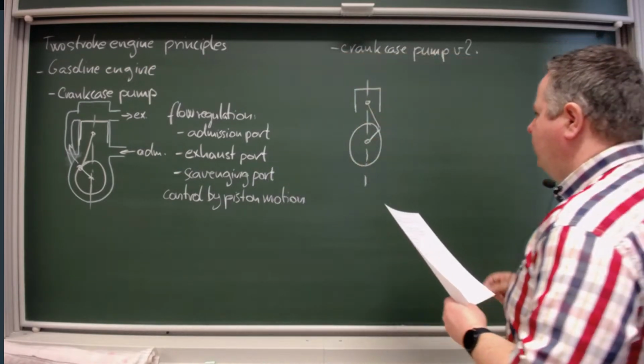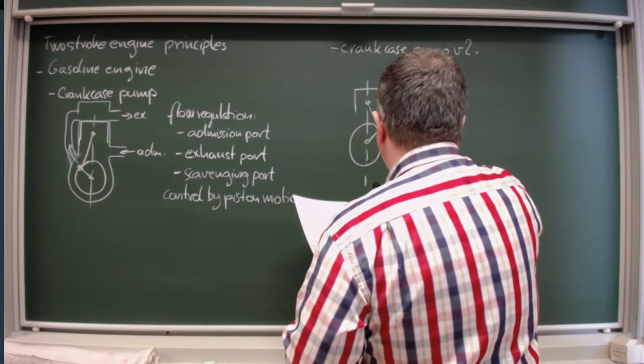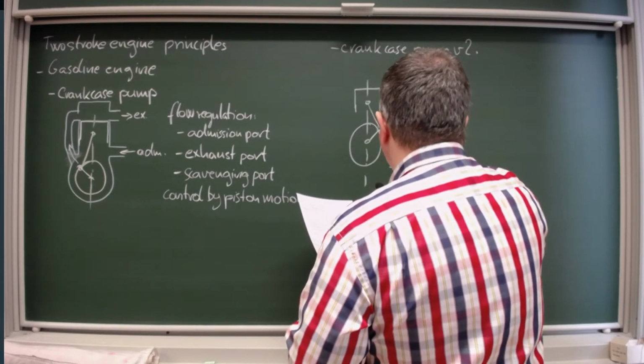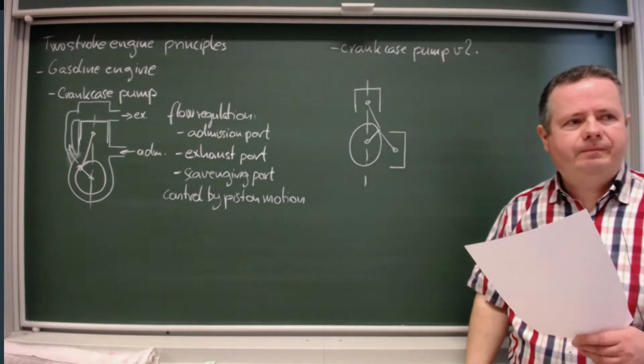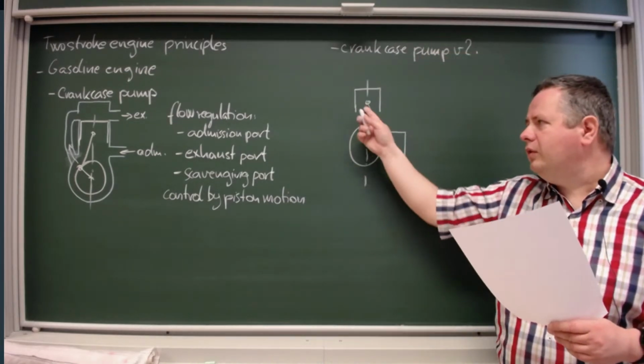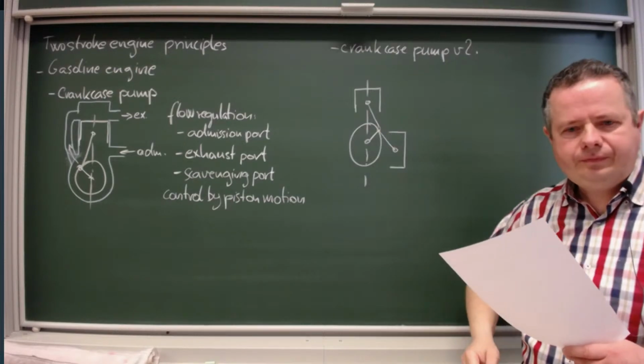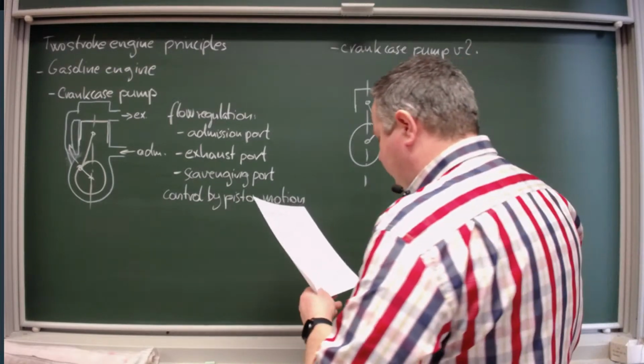And what else do you get? You get a secondary piston, or a scavenging piston, here. So two pistons on the same crank pin. And what's the task of this secondary piston?